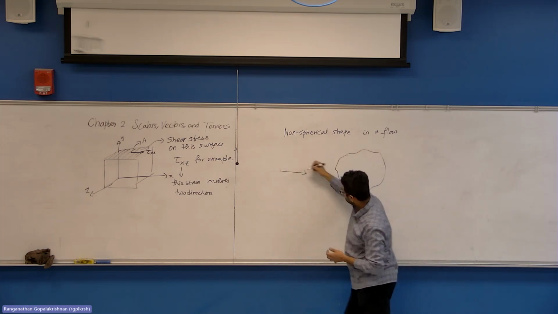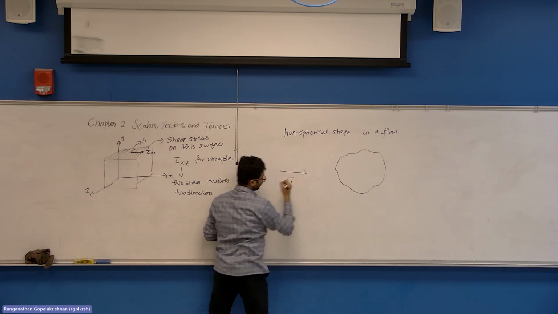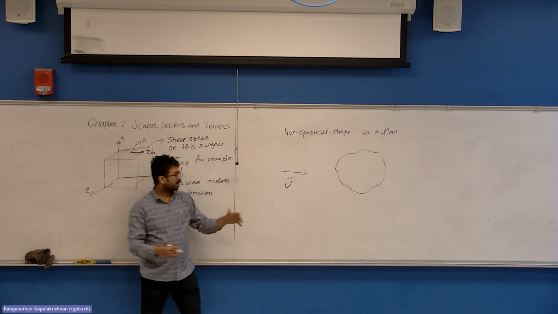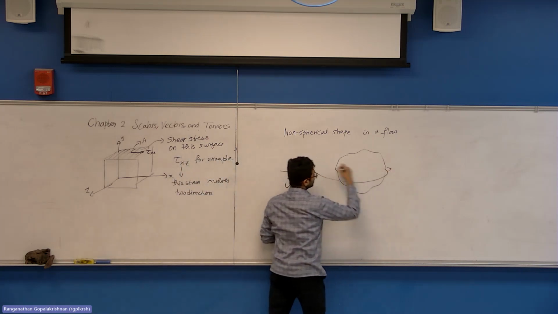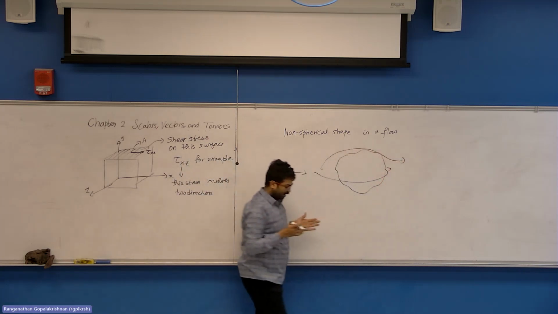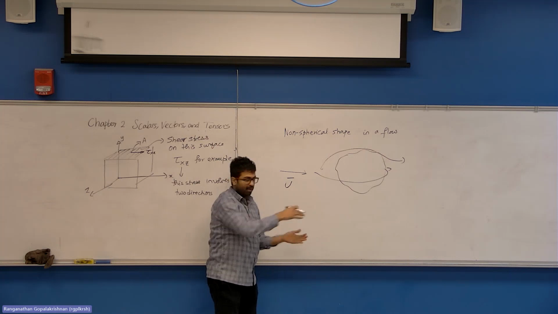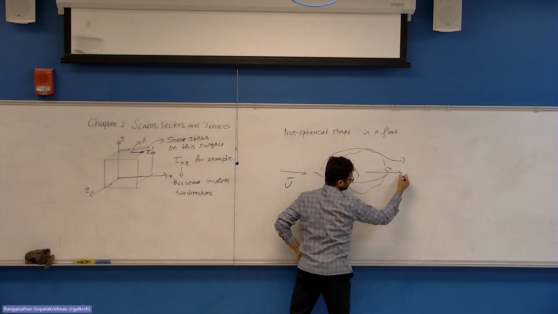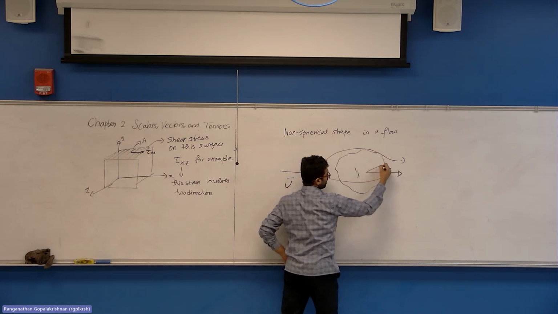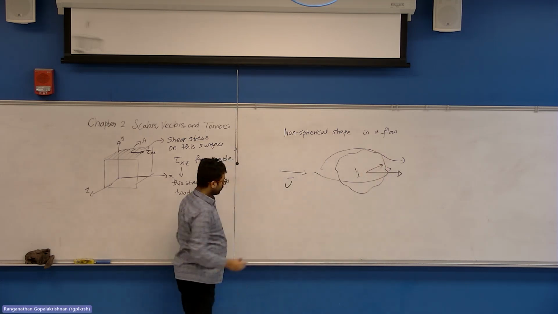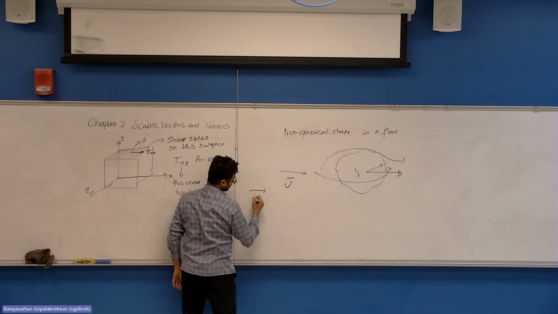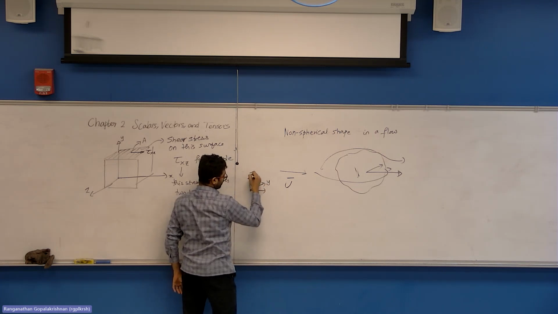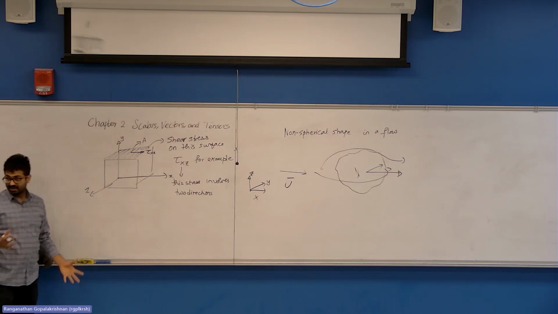Here's a flow. We'll give the flow a vector u, which is mostly directed along this direction. But because the flow can turn around the object and go over, sometimes there is not just a force along this direction, but also in the lateral direction. We'll call this direction x, the lateral direction y, and the upward direction z.